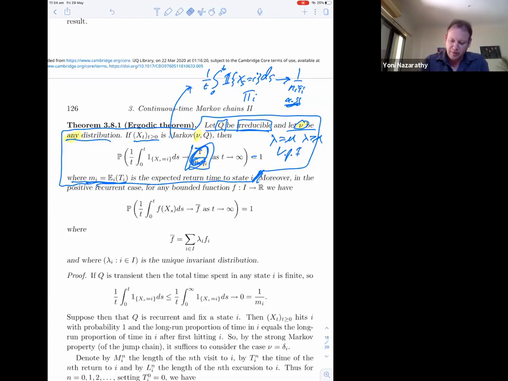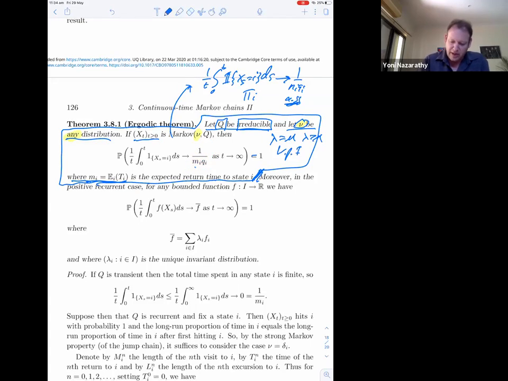So this first part of the theorem says you can also interpret it: if m_i is infinity, meaning the expected return time is infinite, that can be due to two cases.